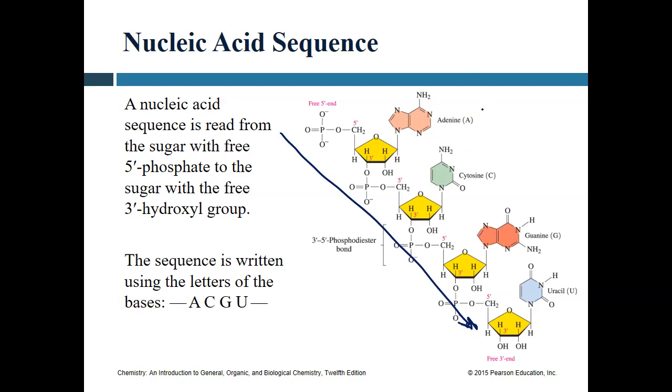And so our first nucleotide is adenine, so that's the A. Then cytosine, that's the C. Then guanine, that's the G. And then in this case, since we are talking about RNA, we've got a uracil group here, that would be the U. So our nucleic acid is going from the 5' end to the 3' end.